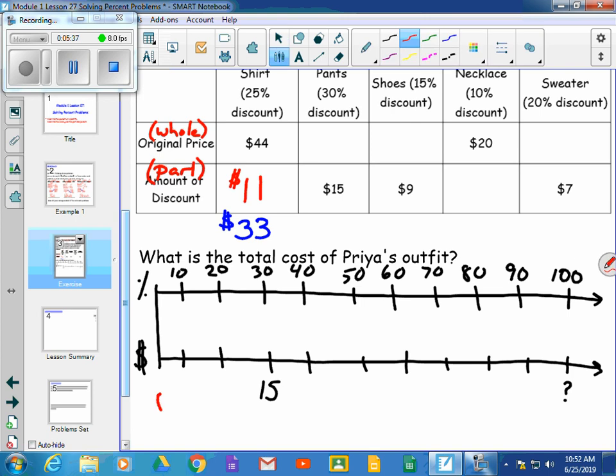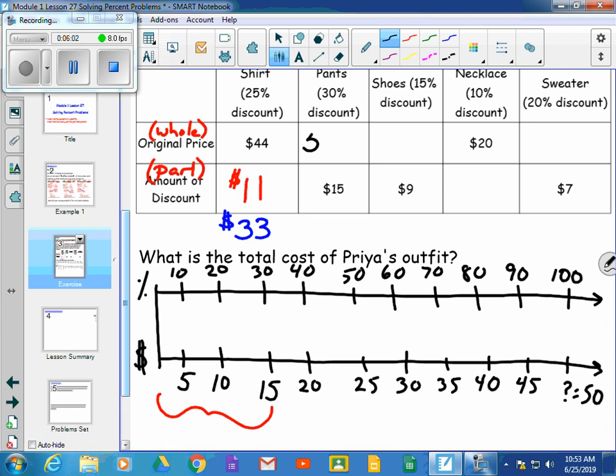Now if we look from there to 15, there are 3 equal spaces. 15 divided by 3 is 5, so that tells us we're going up by 5s on the bottom number line. Continue until you get to your question mark. That is your answer. Our pants cost $50 originally.